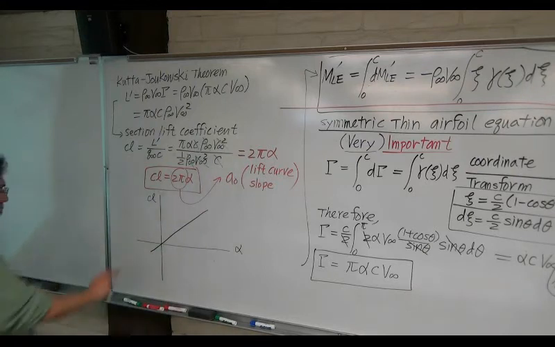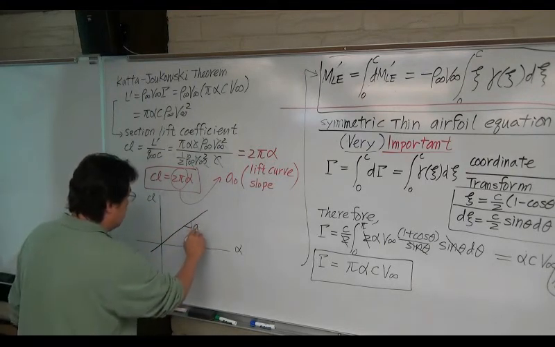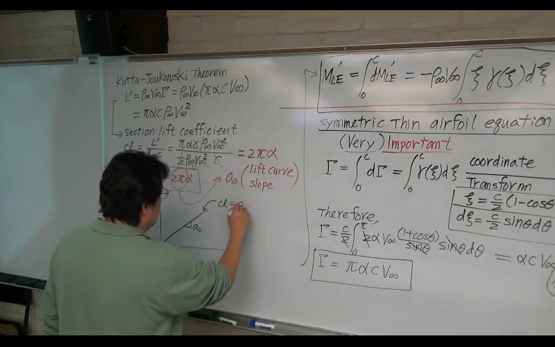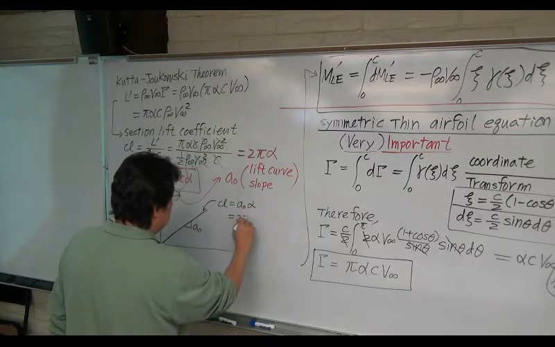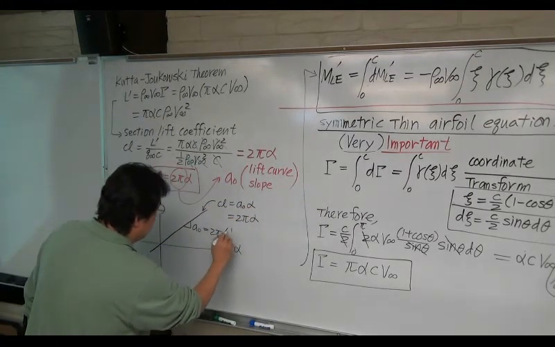This is the relationship between CL and alpha. This is the slope called a0. This equation tells you CL is equal to a0 alpha, which is essentially 2 pi alpha. a0 equal to 2 pi per radian.